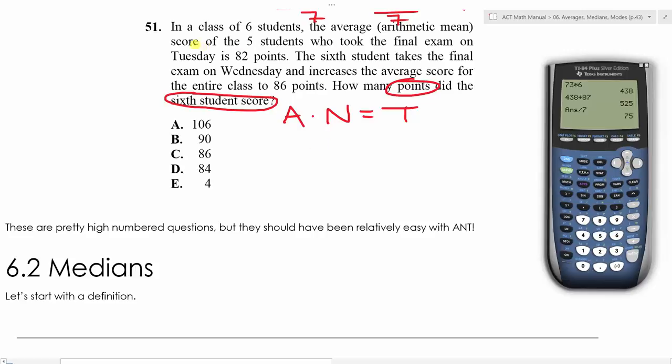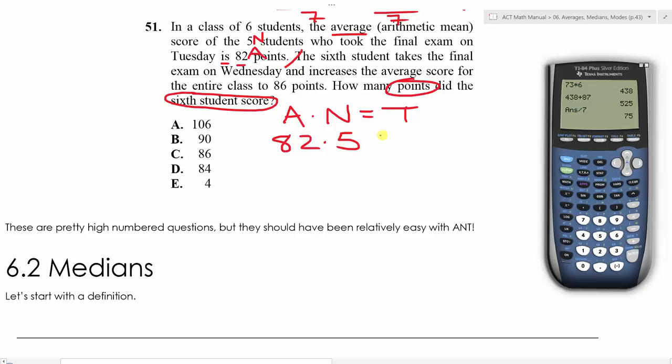So first phrase here, we're going to focus on this. This is an average right here. They say the average is 82 points. So there's an average, and the number of students that corresponds to that average is that 5. So our average A is 82, and our number of things is 5.